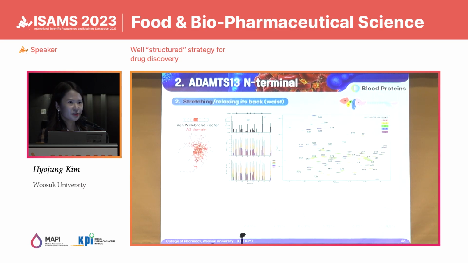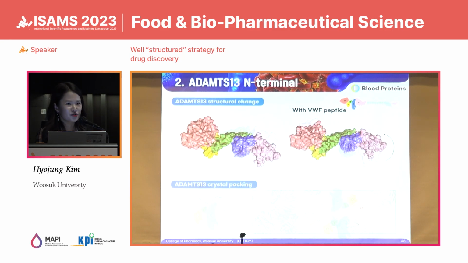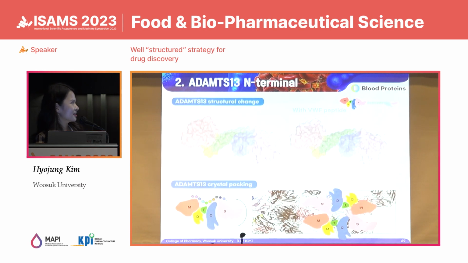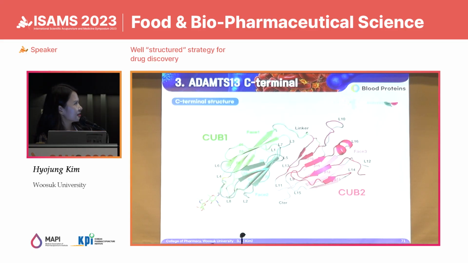By studying the interaction with the animal study, we could see the blade shape is changing, like there are a stretched form and a circular form. So we can use the stretched blade as a perfectly sharpened scissor. And now we are studying how to fix the stretched form of ADAMTS13. And another idea is blocking the protector from binding the blade.